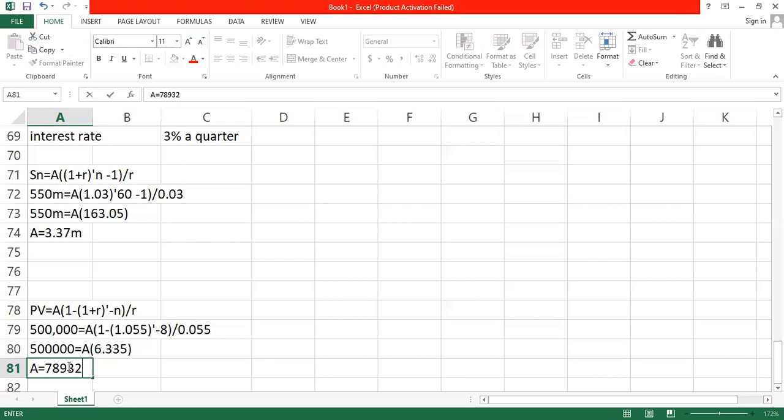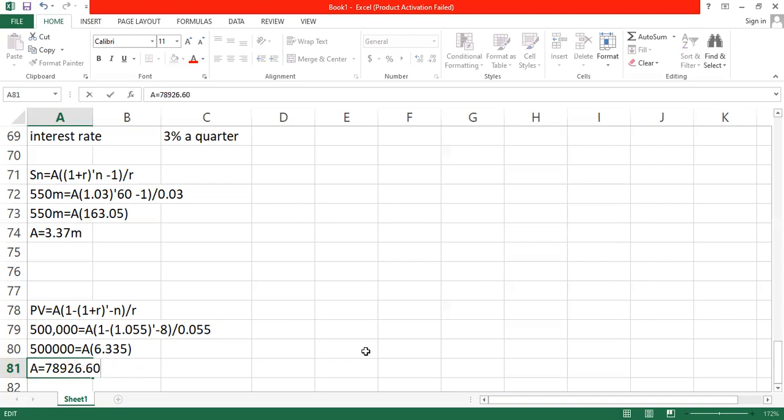Okay, 78,926.60. Let's take that approximation. But sometimes what we do is say A is equal to 500,000, then you divide the 500,000 by all these annuity factors, and you get 78,926.60.